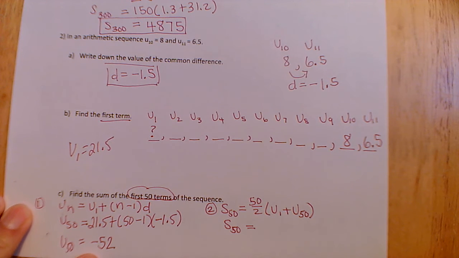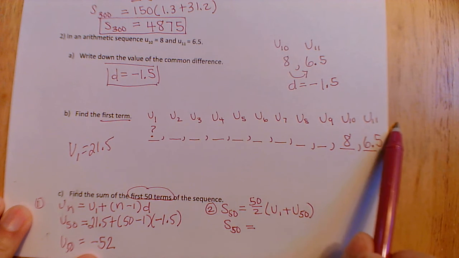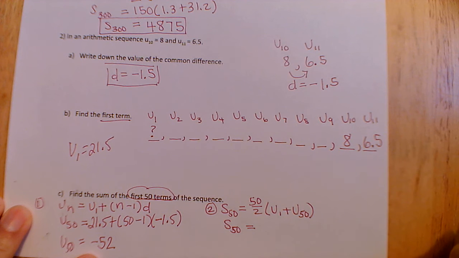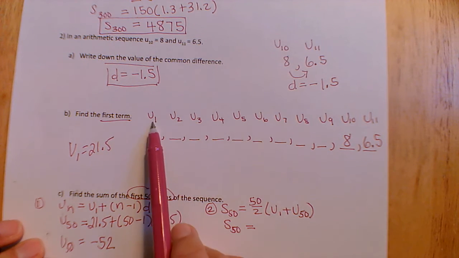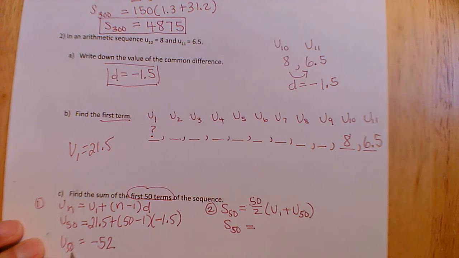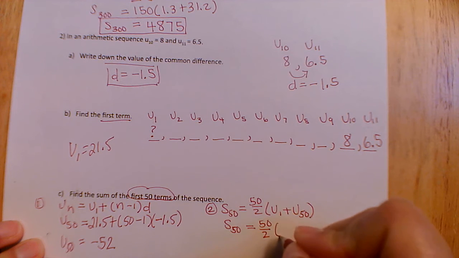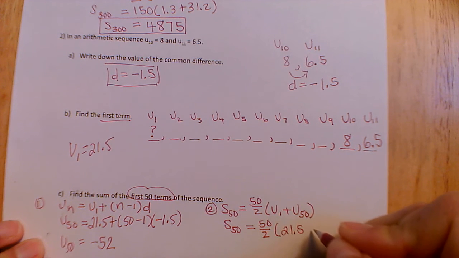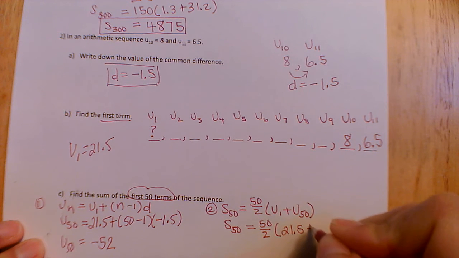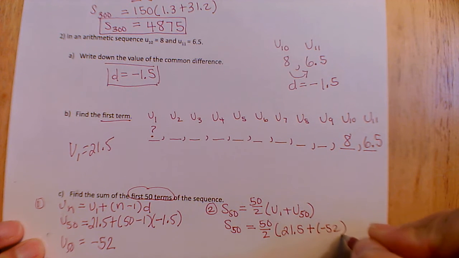Now that I know where I end up, so if I kept going here, U sub 12, U sub 13, all the way over to 50, I'm going to land at negative 52. So if I added U sub 1 and U sub 50 all up, I'm going to be getting 50 divided by 2 times U sub 1, 21.5. Need that number, huh? That's a very important number. Plus a negative 52.